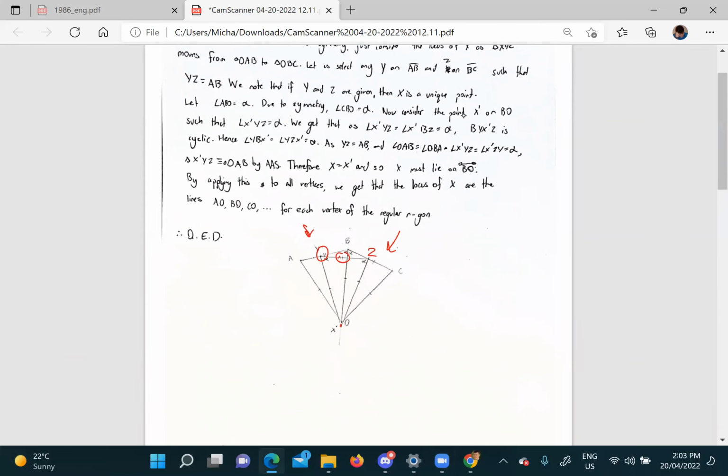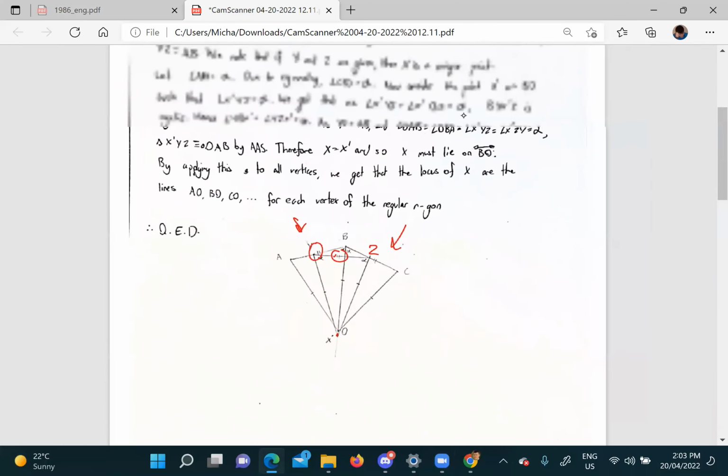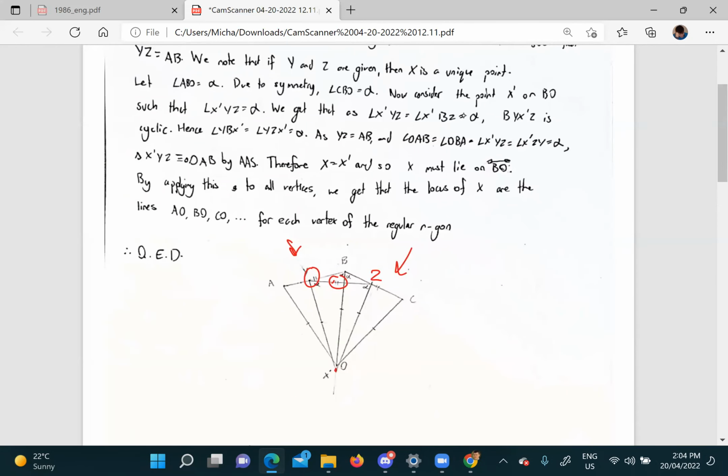X prime YZ is alpha. Okay, cool. X prime YZ is alpha. I agree. Now, due to symmetry... wait a second, what is going on?